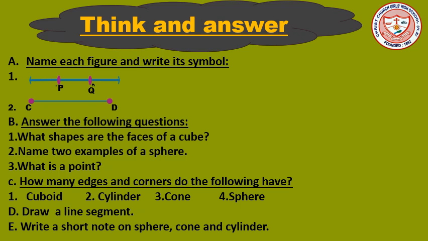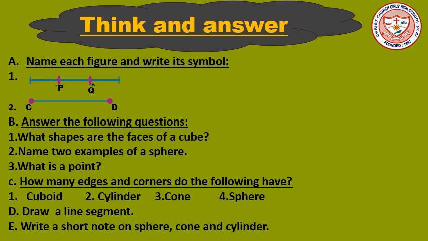What shapes are the faces of a cube? Number 2. Name 2 examples of a shape. Number 3. What is a point? C. How many edges and corners do the following have? Number 1. Cuboid. Number 2. Cylinder. Number 3. Cone. Number 4. Sphere.